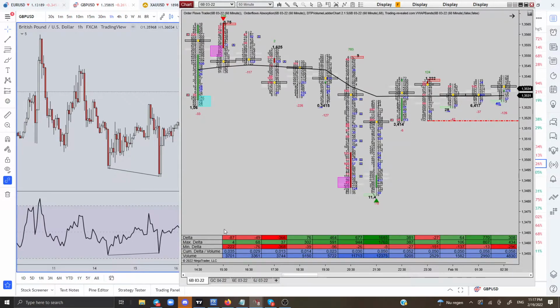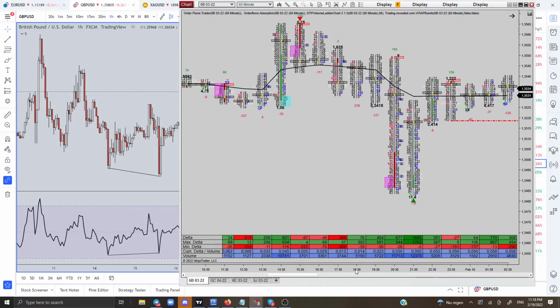So if you compare max delta, min delta, and delta, buyers are huge and sellers are almost zero. If you compare the last few candles, that's the order flow confirmation.